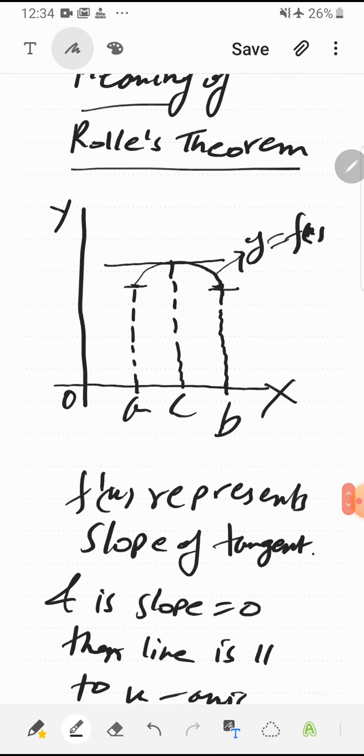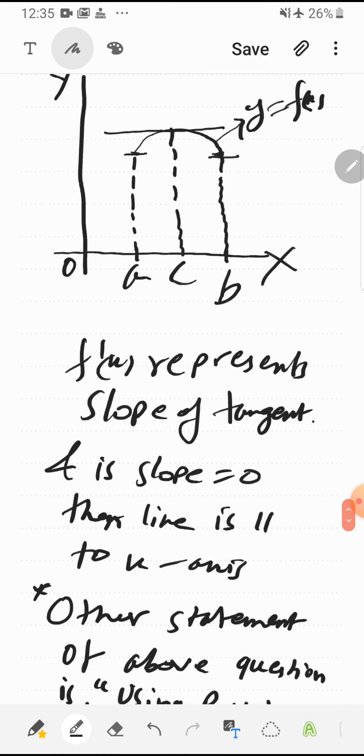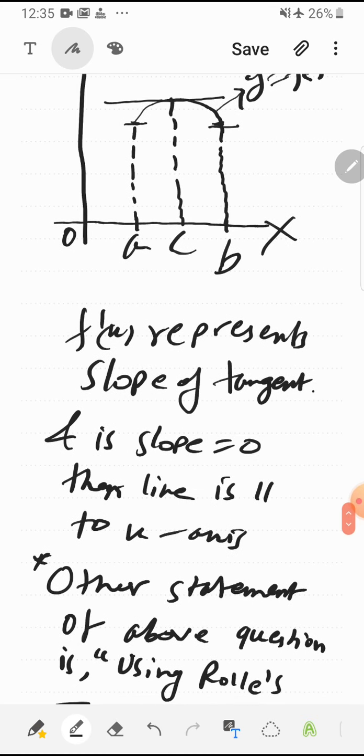Then what does it mean? By Rolle's theorem we can say we can find a point c where the derivative is 0.